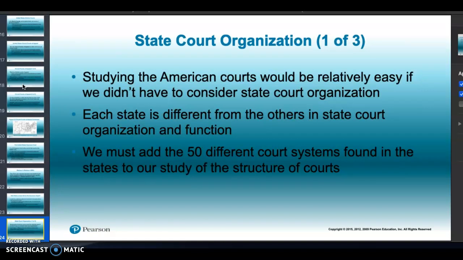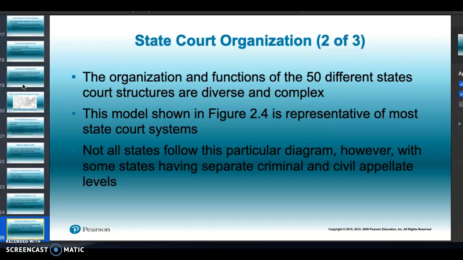Studying the American courts would be relatively easy if we didn't look at the state court organization. You must, in fact, add the 50 state systems and look at each one of them individually. The organization and function of the 50 different state court structures are very diverse and complex.